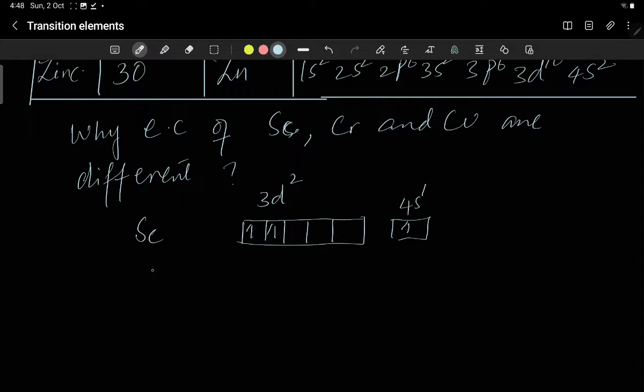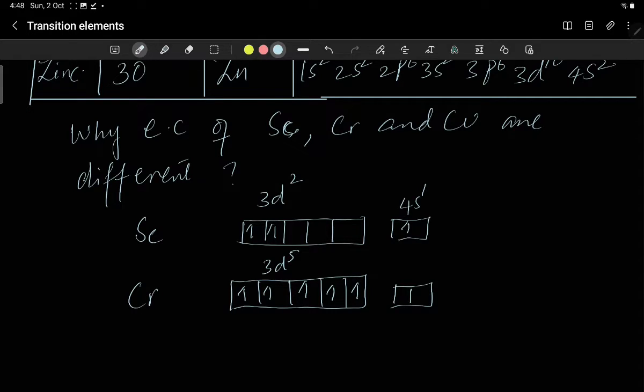And similarly chromium, 1, 2, 3, 4, 5: chromium is 3d5 and 4s1.